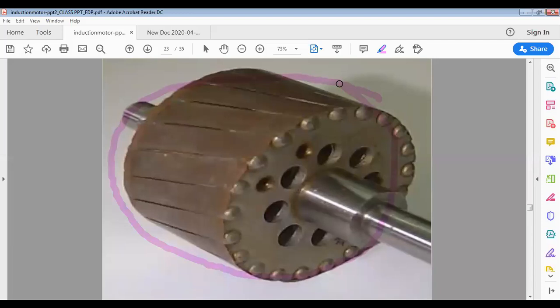Okay, so in a three-phase induction motor with squirrel cage rotor, its resistance you can't change. That's why it is used in applications wherever moderate starting torque is required, like lathe machine, drilling machine, fans, blowers, centrifugal pumps. Okay, but what about the other type, the slip ring induction motor?